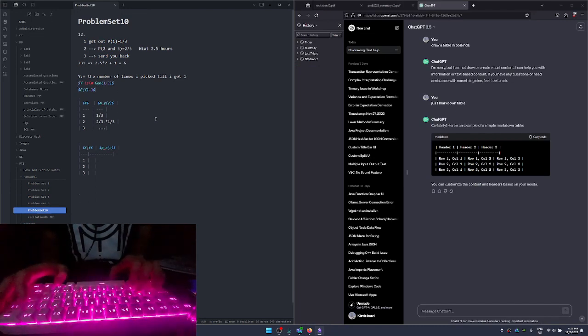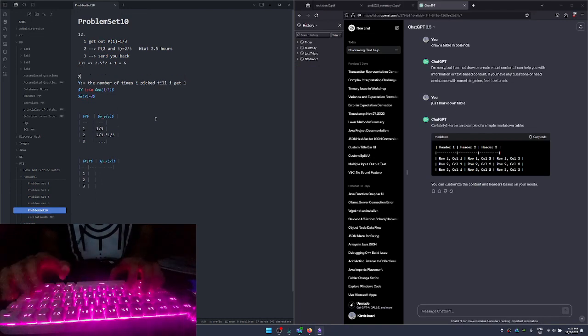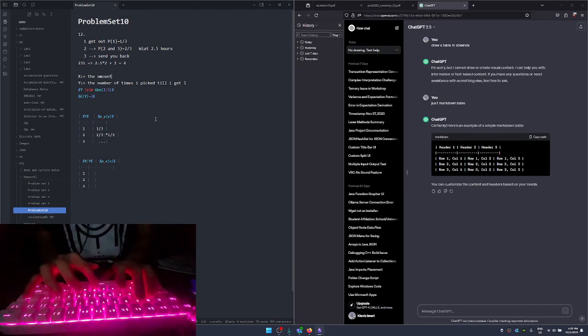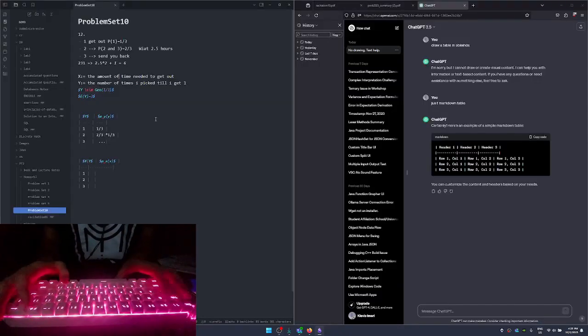I know that the expected value of x, the amount of time needed to get out, is the number of times I pick till I get 1, right? And the expected value of it is equal to 3.